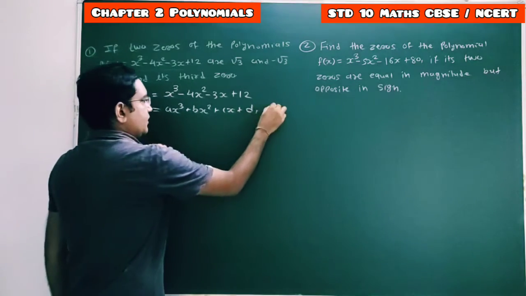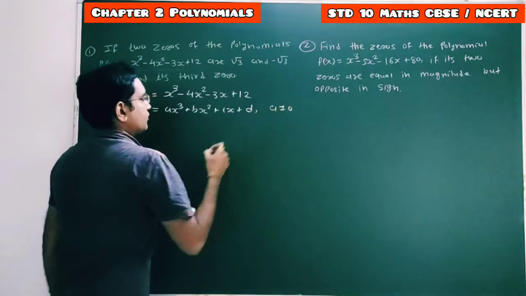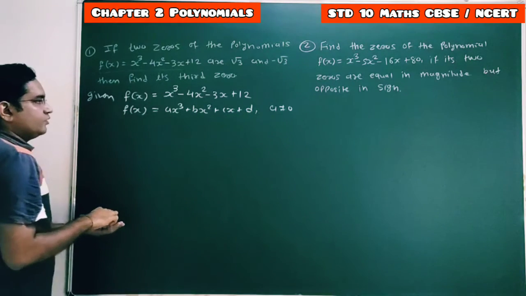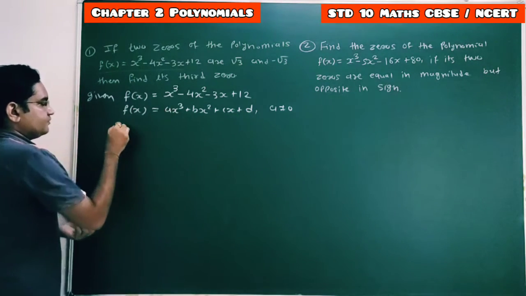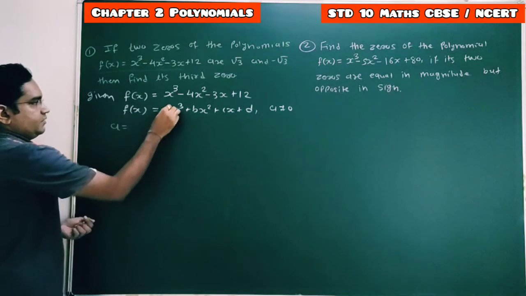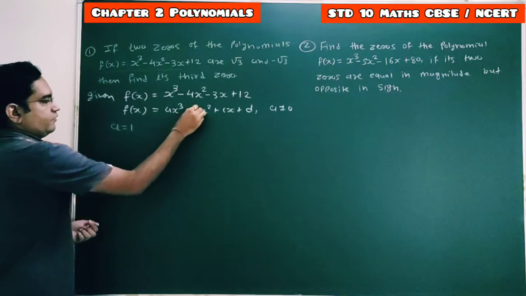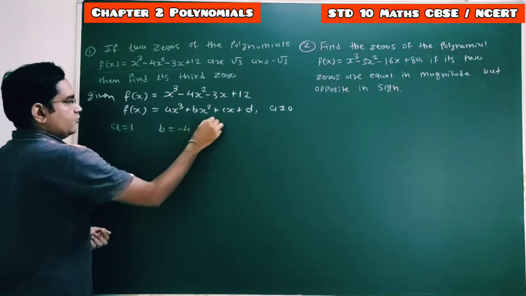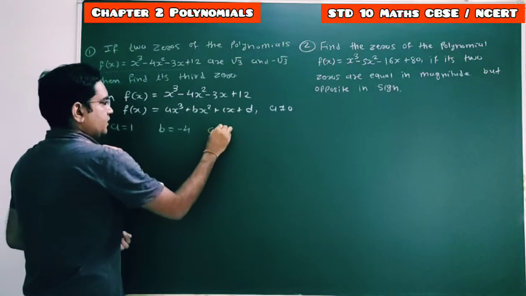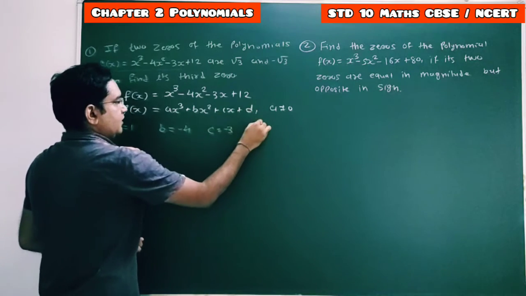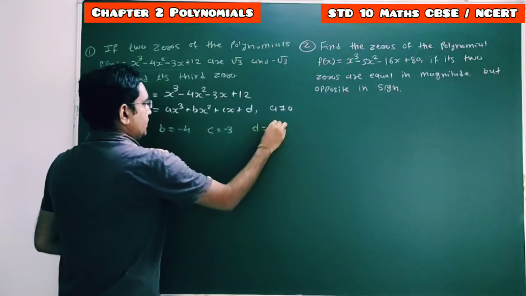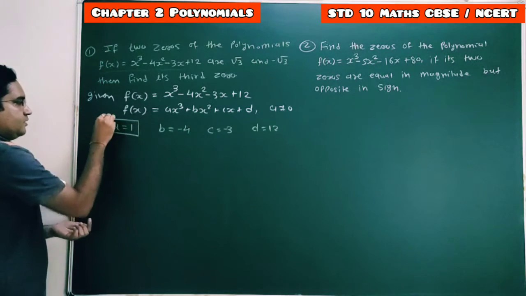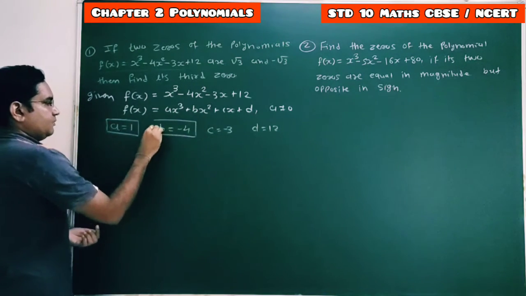Here the condition is a must not be equal to 0. So on comparison of the coefficient of each term, we will get the value of a, which is equal to 1, the value of b, which is minus 4, the value of c is minus 3, and the constant term d equal to 12. This is how, on comparison, we get the values of a, b, c and d.